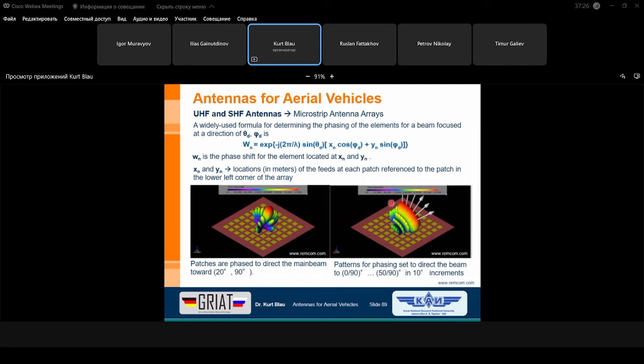We fed all the elements in the y direction by different phases in steps of, for instance, 10 degree, and then at one time the antenna looks straight in the sky, and then here you have the other angles depending on the phase exciting the elements in the y direction.